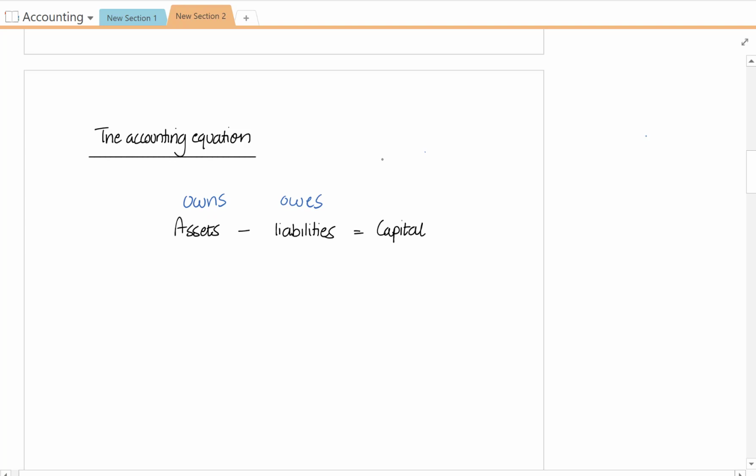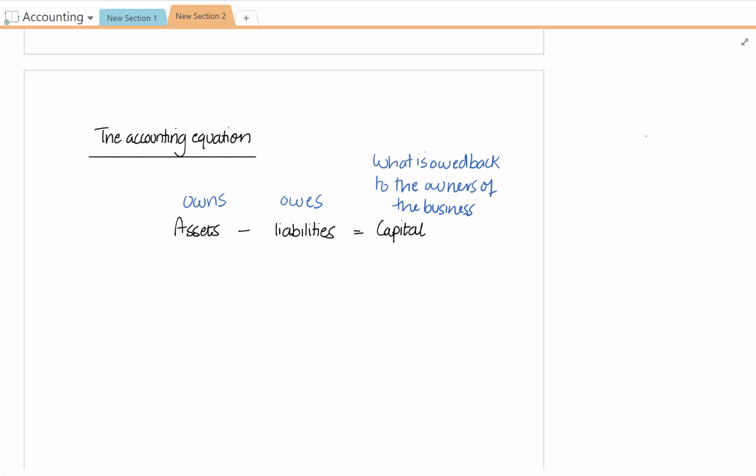And remember, capital is what is owed back to the owners of the business. Okay, so assets less your liabilities should equal capital, and capital is what is owed back to the owners.